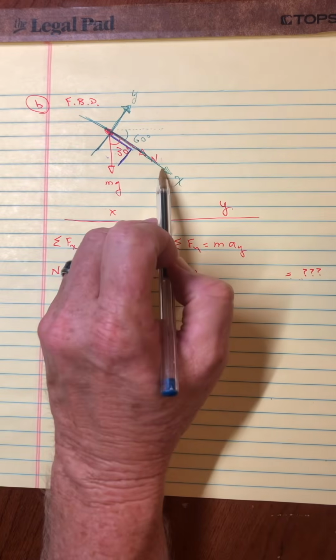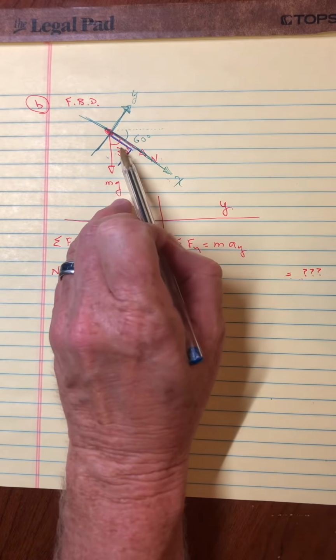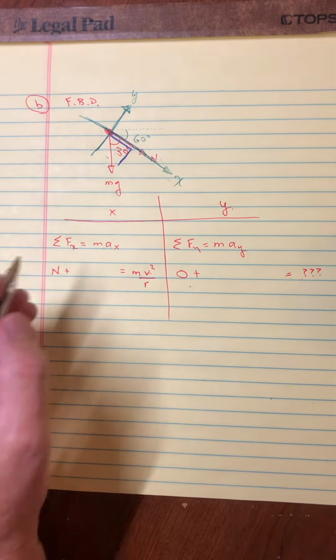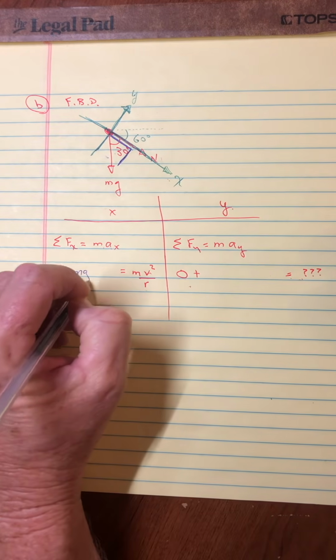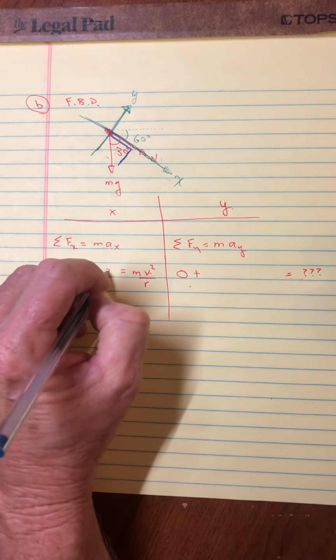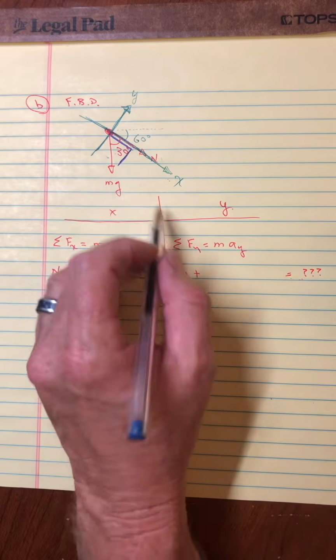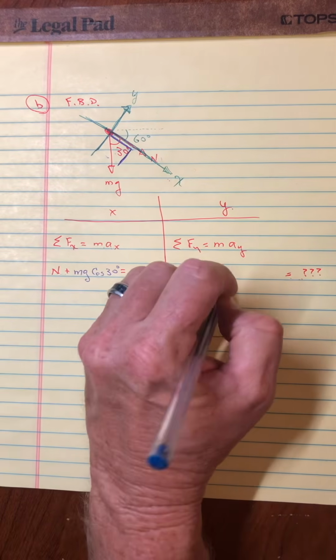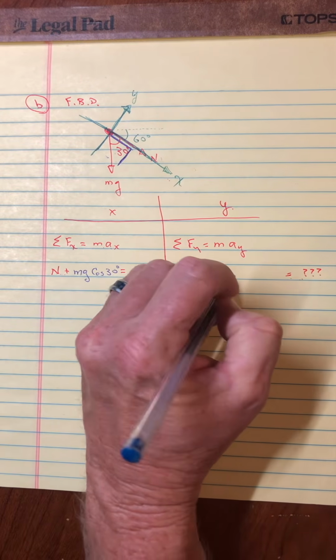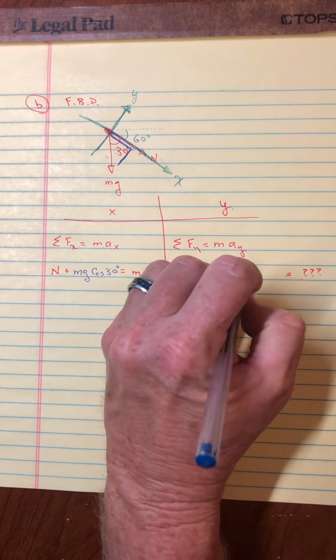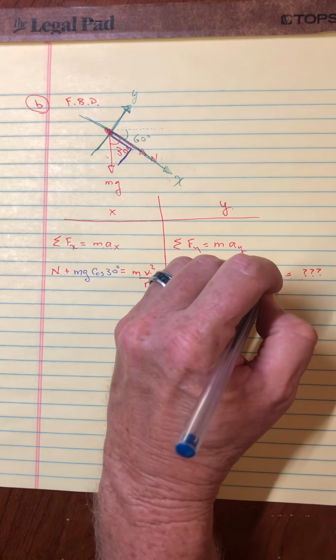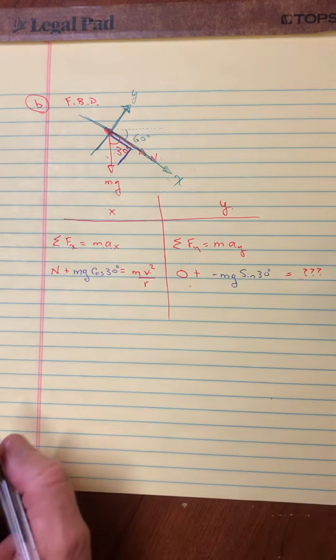So the part that's on the x-axis is adjacent to the 30, so that would be cosine. So this should be mg cosine of 30. Whereas over here, this would be a magnitude of mg sine of 30, and negative.